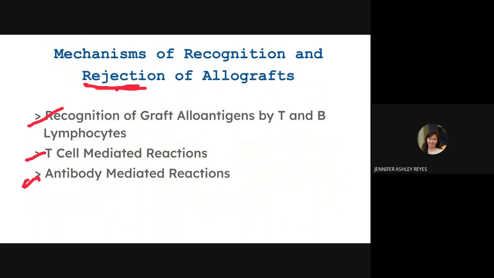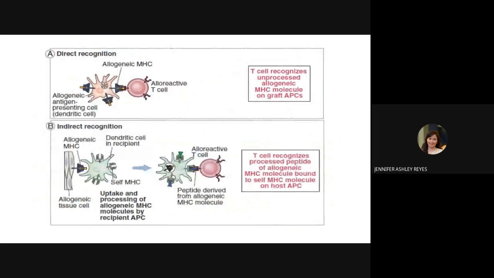So, ang HLA genes natin are highly polymorphic. So, we have several collections or combinations of HLA alleles. So, our allo recognition has two types of pathways. So, meron tayong tinatawag na direct and meron tayong tinatawag na indirect.